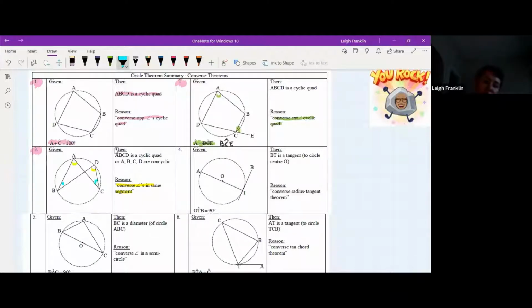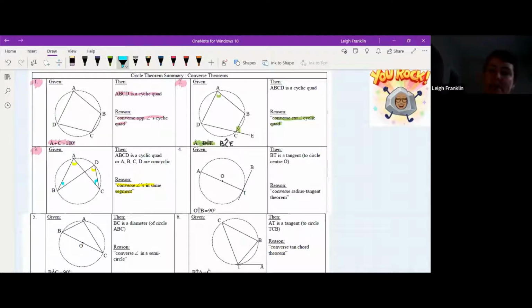So if B equals C, or if A equaled D, then we could prove that ABCD is a cyclic quad because of converse angles in the same segment. Right, so that is something that will definitely always be asked.